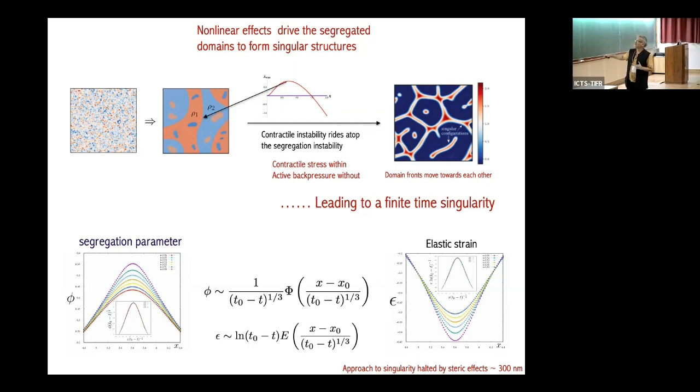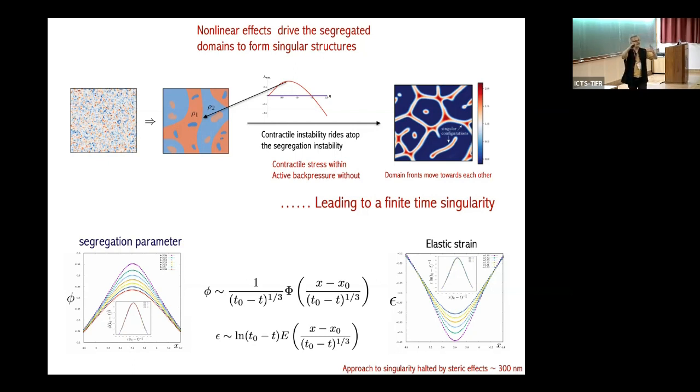And this is numerics, which shows that if you plot it in this form, there is a collapse. This is in phi, and this is in the strain. So this is the finite time singularity that I was talking about.